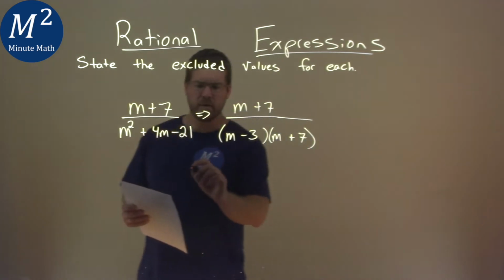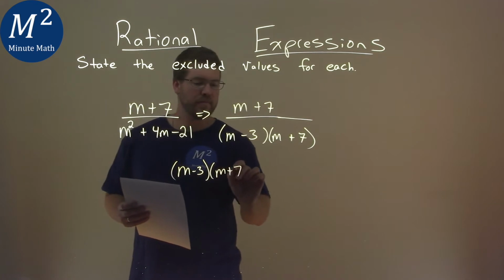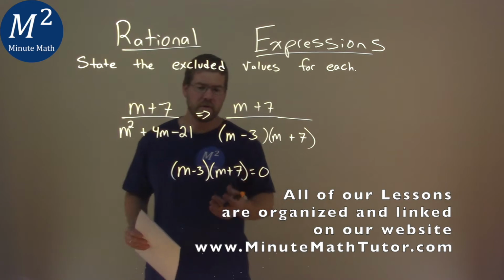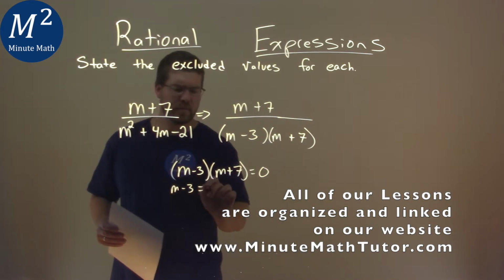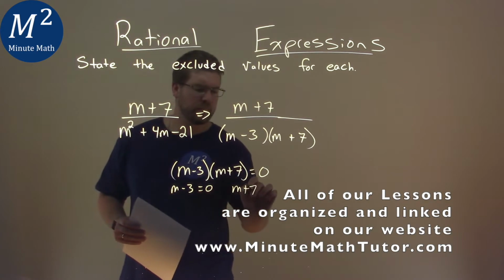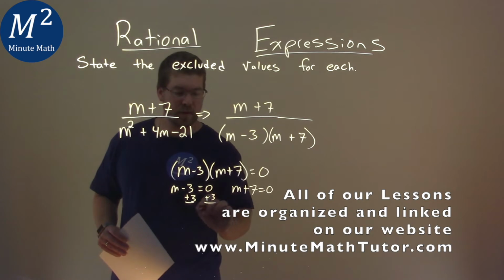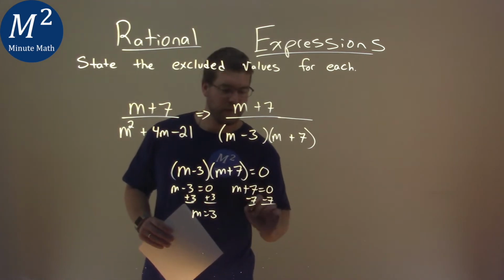So we take our denominator, our m minus 3 times an m plus 7, and we're going to set that equal to 0. And our rules here say we can take each parentheses individually and set them equal to 0. We add a 3 to both sides, and we have m equals a positive 3, and subtract a 7, and m equals a negative 7.